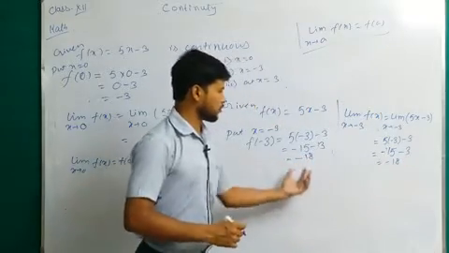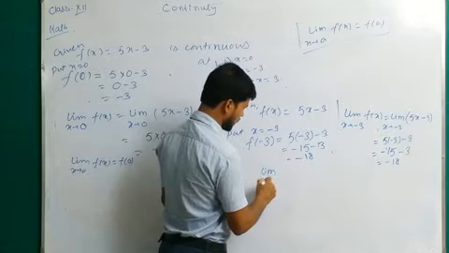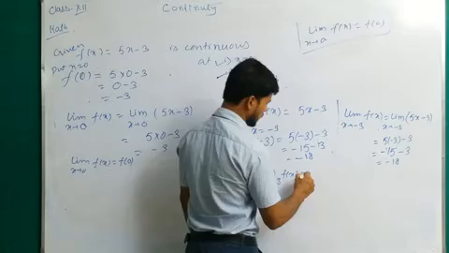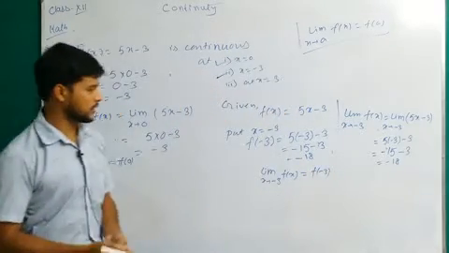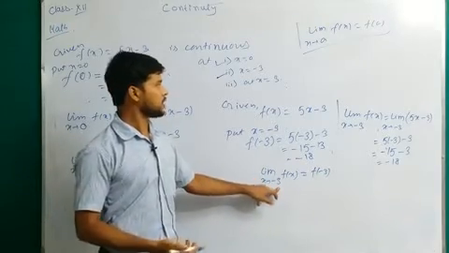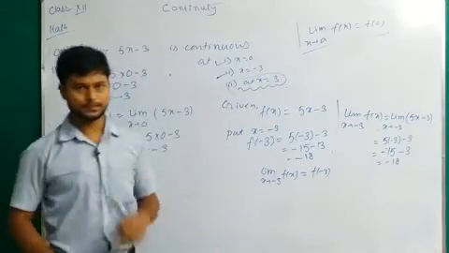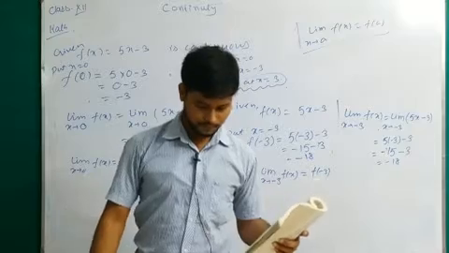Okay, so from here we can write that limit x tends to minus 3, f of x is equal to f of minus 3. So obviously we can say that the function is continuous at x equal to minus 3. Similarly, you can check whether the function is continuous at x equal to 3 or not. Clear? Okay. So let's move to another question.